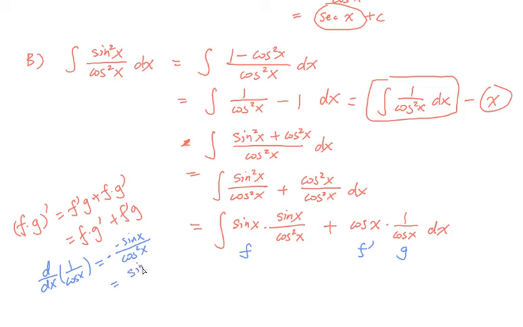So actually it's just sine over cosine square x, and this is g prime.